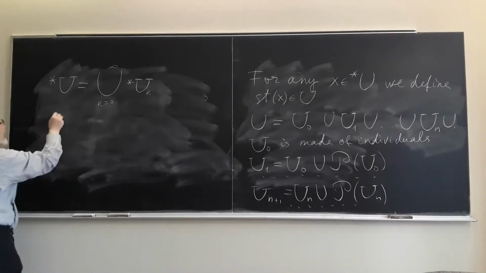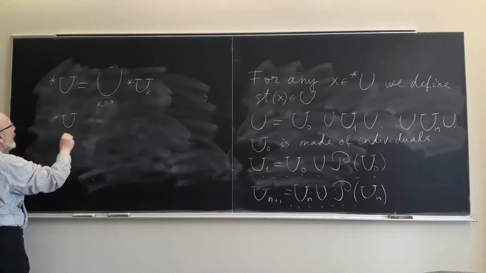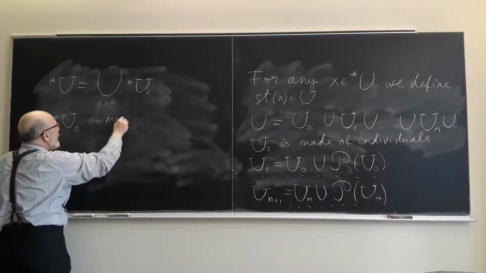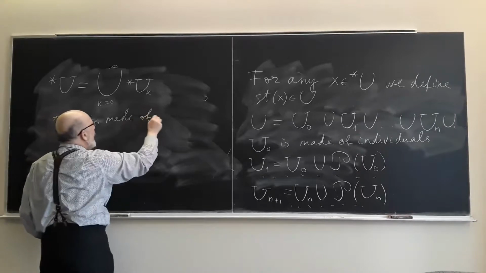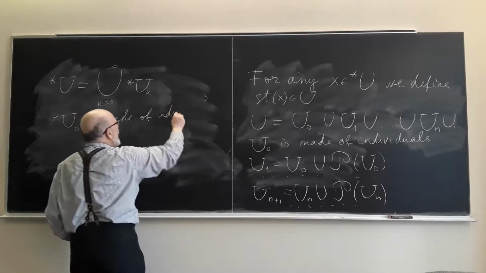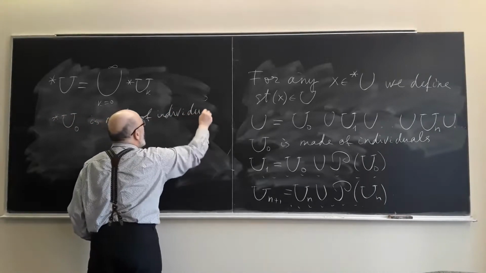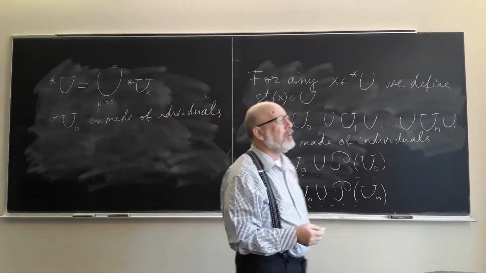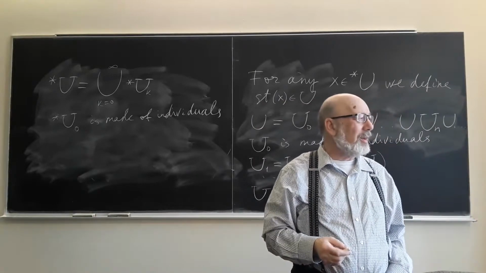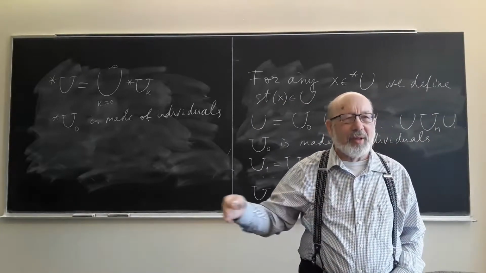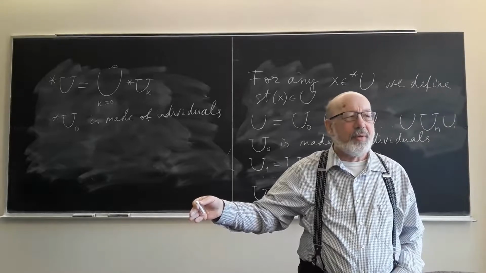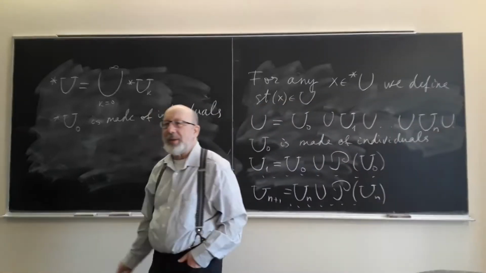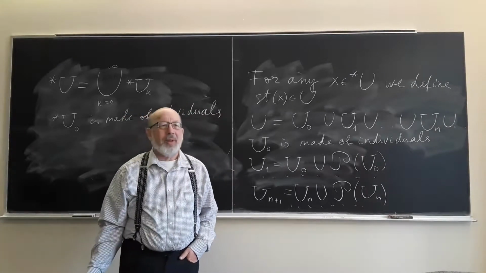Now again, star U0 is made of individuals. What does it mean, is made of individuals? Star U0 is made of equivalence classes of functions on the index set. So there is a lot of things to do.